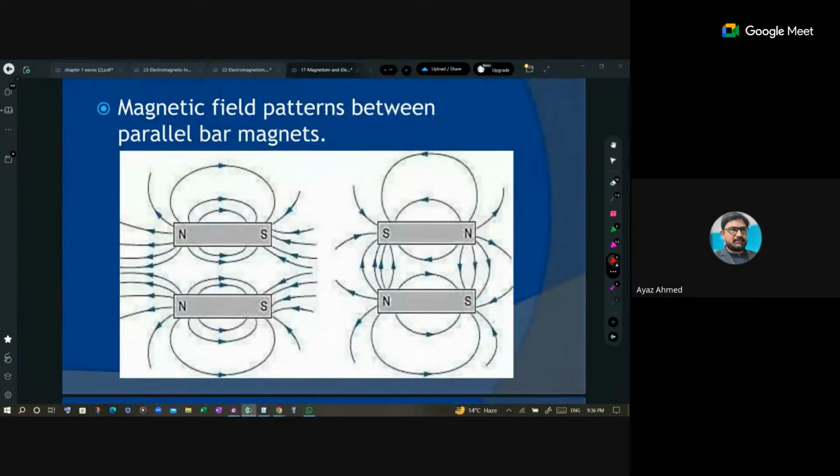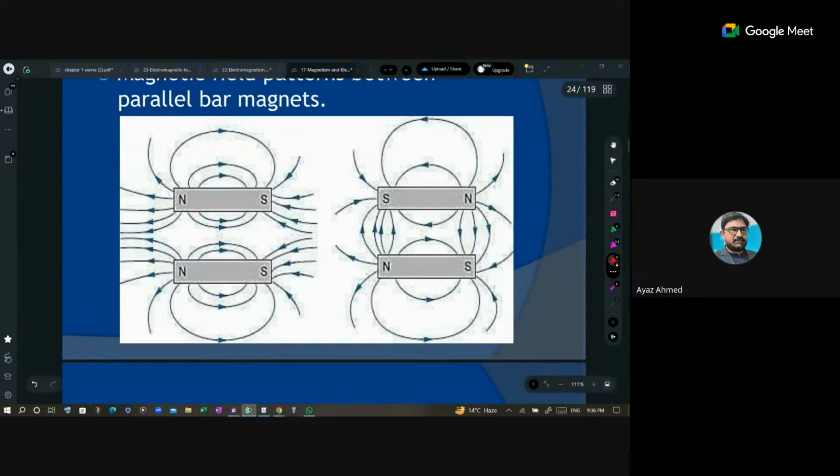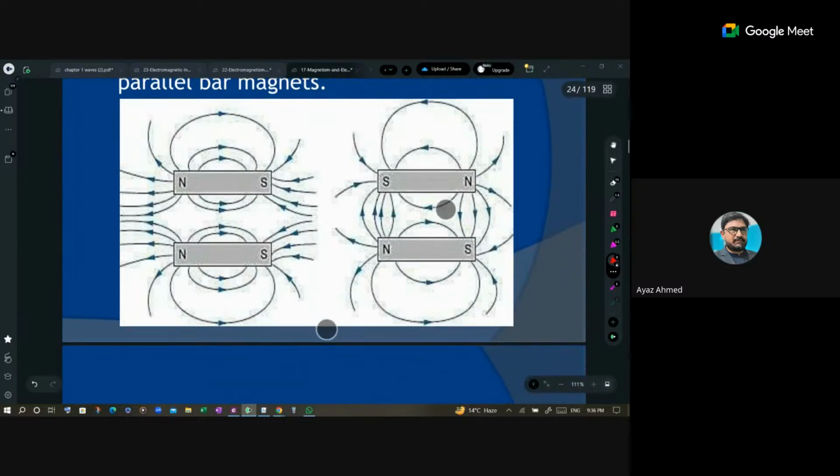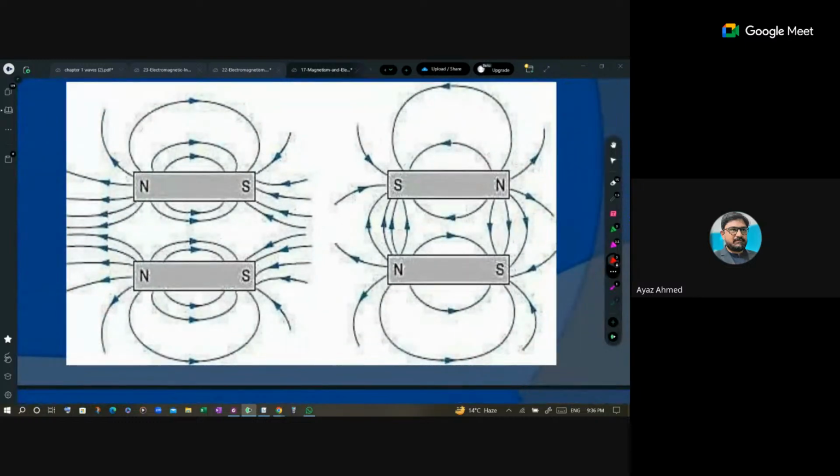Okay, the magnetic field patterns between parallel magnets. If we have two parallel magnets, the magnetic field lines would reach from the nearby north to the nearby south. So this is the magnet keeping method. In the stores where we keep the magnets, we place north above the south, and then for the next magnet we keep its north above its south.